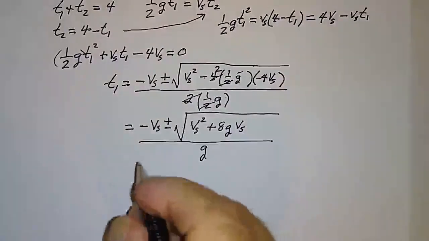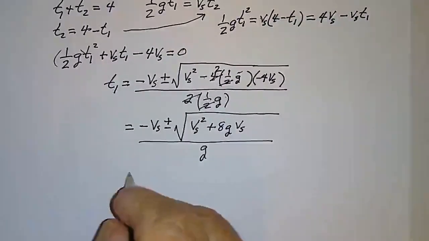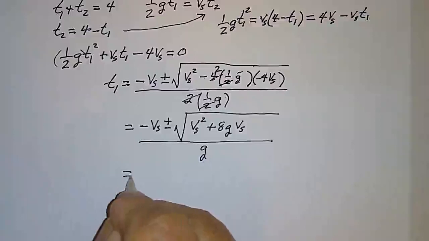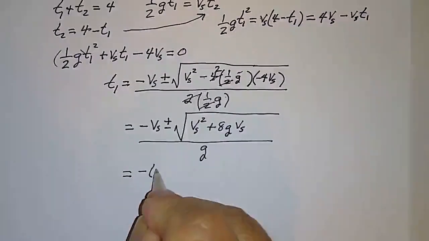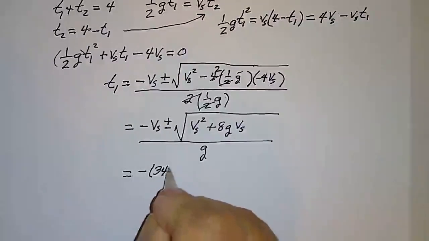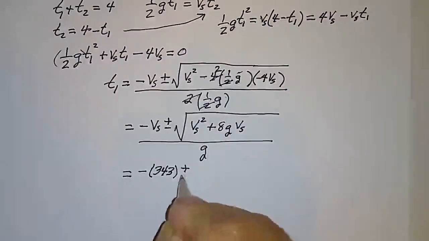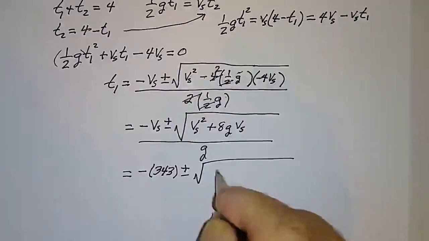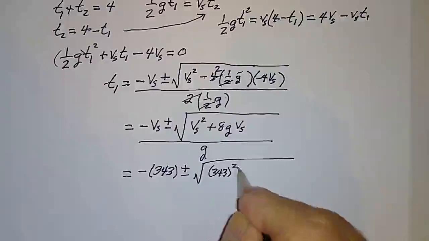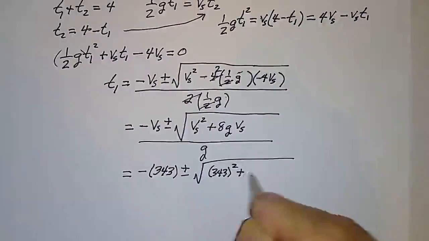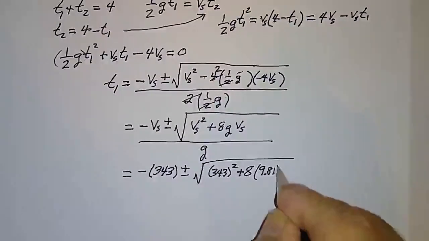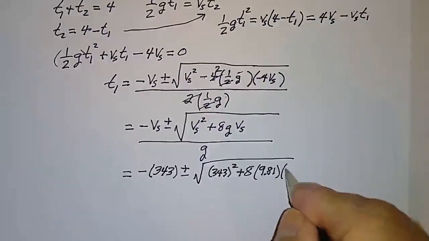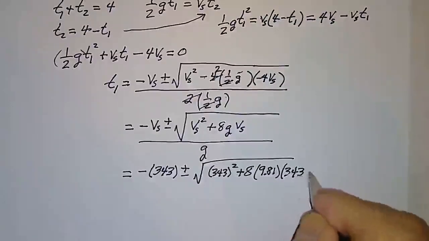So now I can plug in the numbers and write this as, this is equal to minus the velocity of sound, or the speed of sound, 343, plus or minus the square root of 343 squared, plus 8 times g, which is 9.81 meters per second squared, times 343.